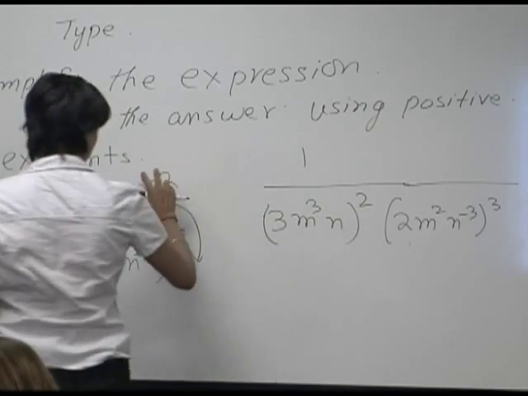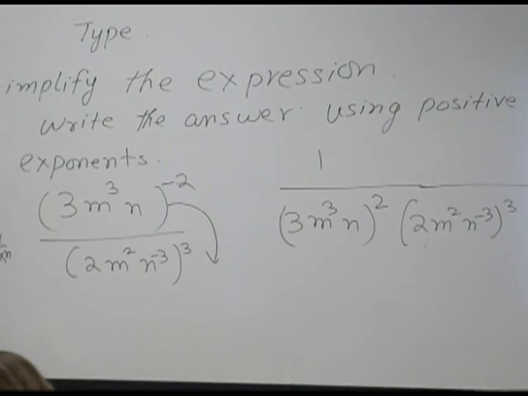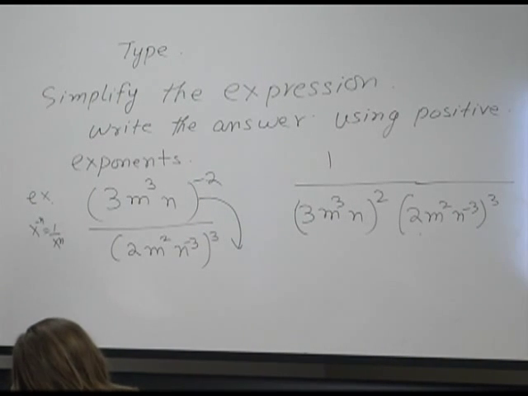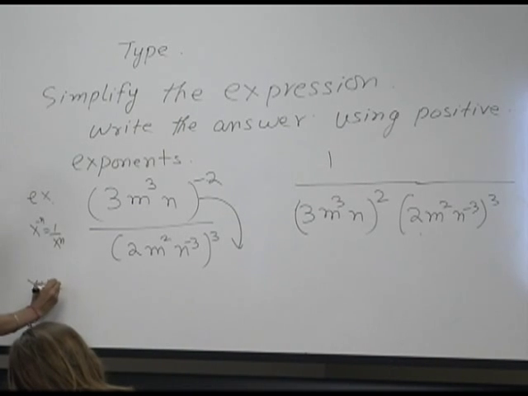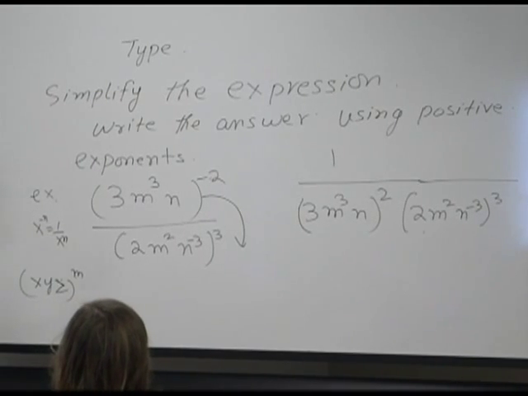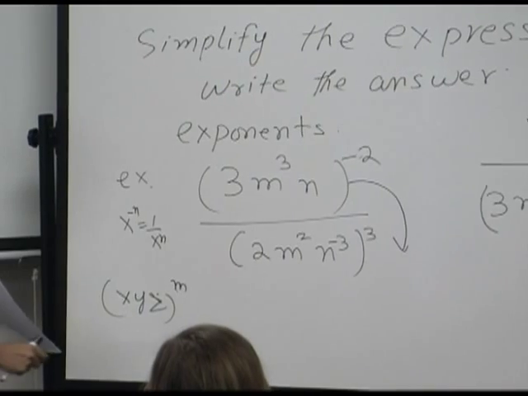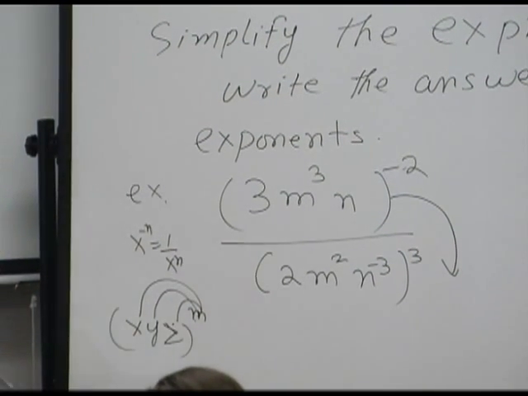Because it was a negative exponent, you flip it, because of the rule: x to the negative n is 1 over x to the n. Danny, you good? All right. The next step: if you have more than one term, and outside there is an exponent, you distribute this exponent to each of the terms, not just to one. You're going to distribute this m to each term inside.